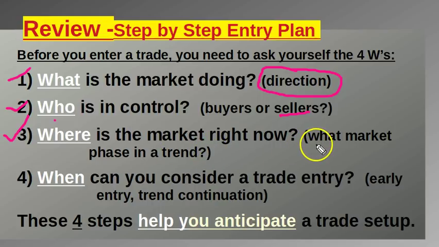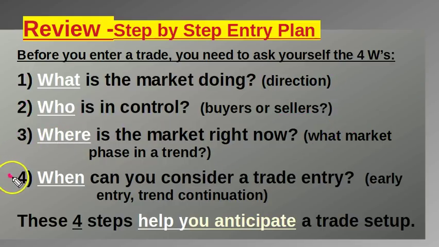Now, there are different market phases, so even in an uptrend, price goes up, down, right? That's a down phase, up phase, market cycles higher, comes back lower or higher. So this is an uptrend, and you can see these market phases, and that's what number 3 is all about, okay?